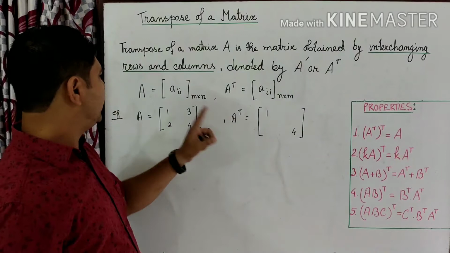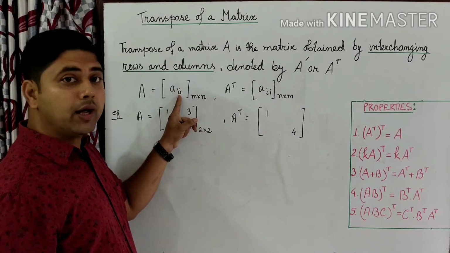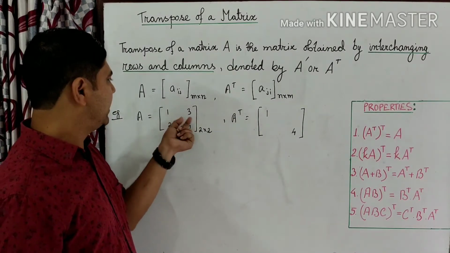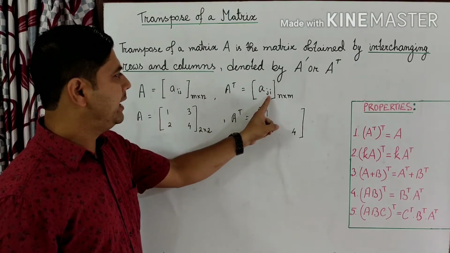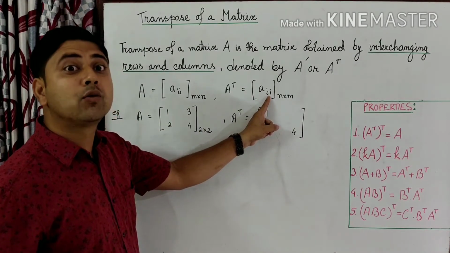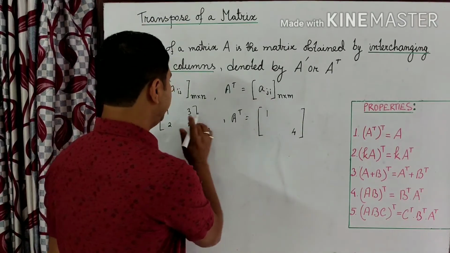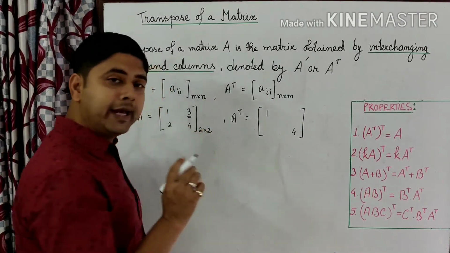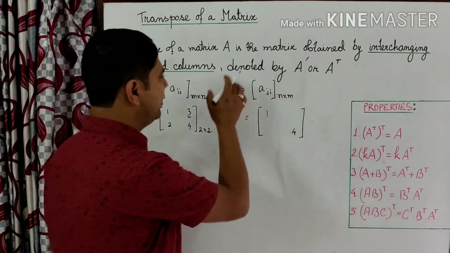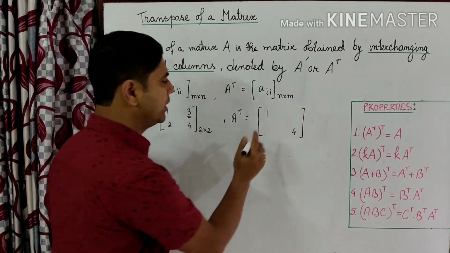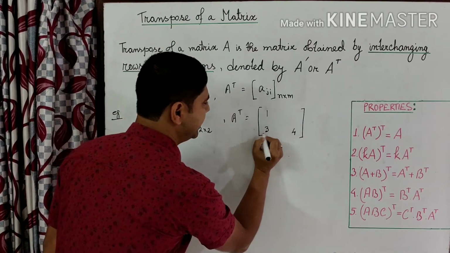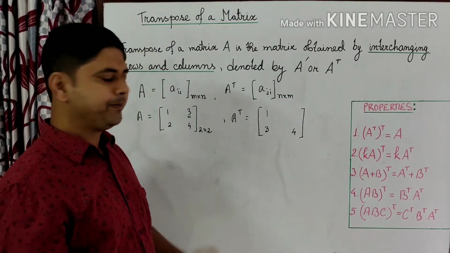Next, when transposing, if you take position 1 2, that is the element of A1 2. Where does it go? Aji means what? It becomes A2 1. That means the element in position A1 2, when you transpose this matrix, goes to 2 1. So the 3 element comes to the position 2 1. Clear this part?